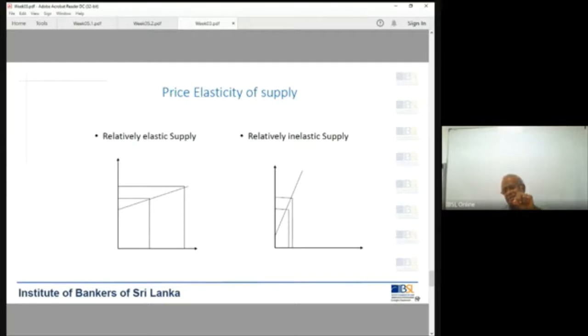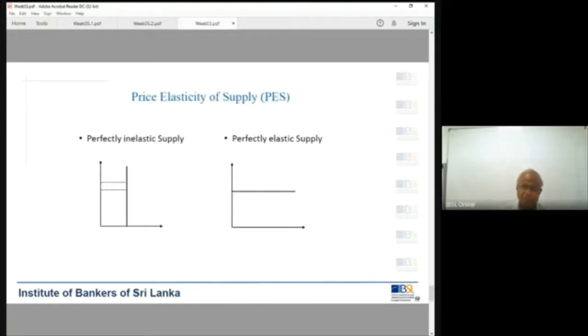You have to indicate P on the y-axis and quantity QS on the x-axis. Then perfectly inelastic supply is a vertical supply curve. Perfectly elastic supply is a horizontal supply curve. Right?